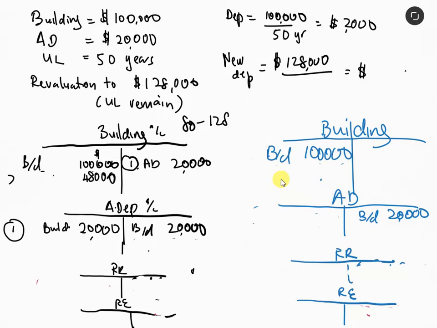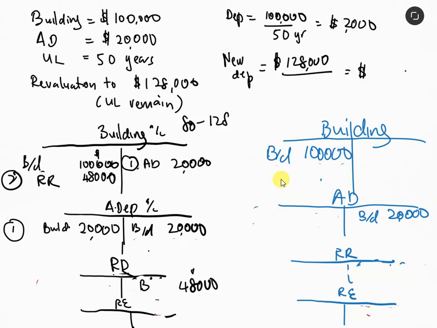Step 2, debit building, credit RR. Is it okay? Two steps. Method 1, 2 steps. Haven't finished.